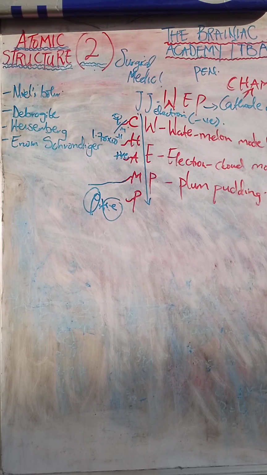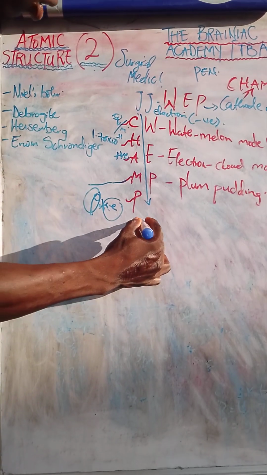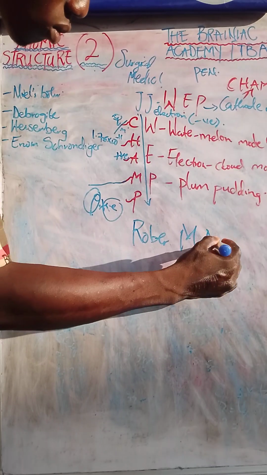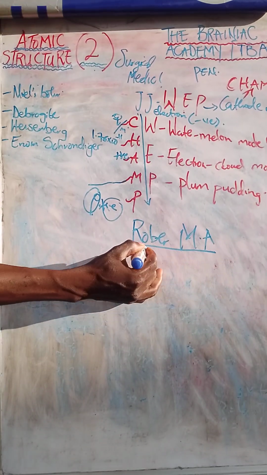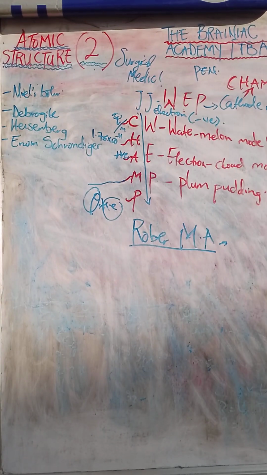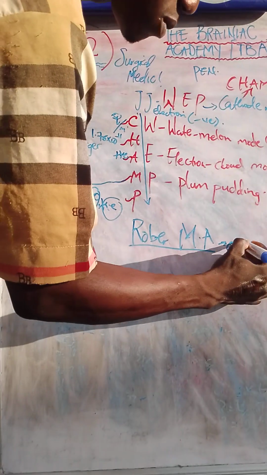So let's see, what did he do? Robert Millikan. The name of his experiment is the oil drop experiment.